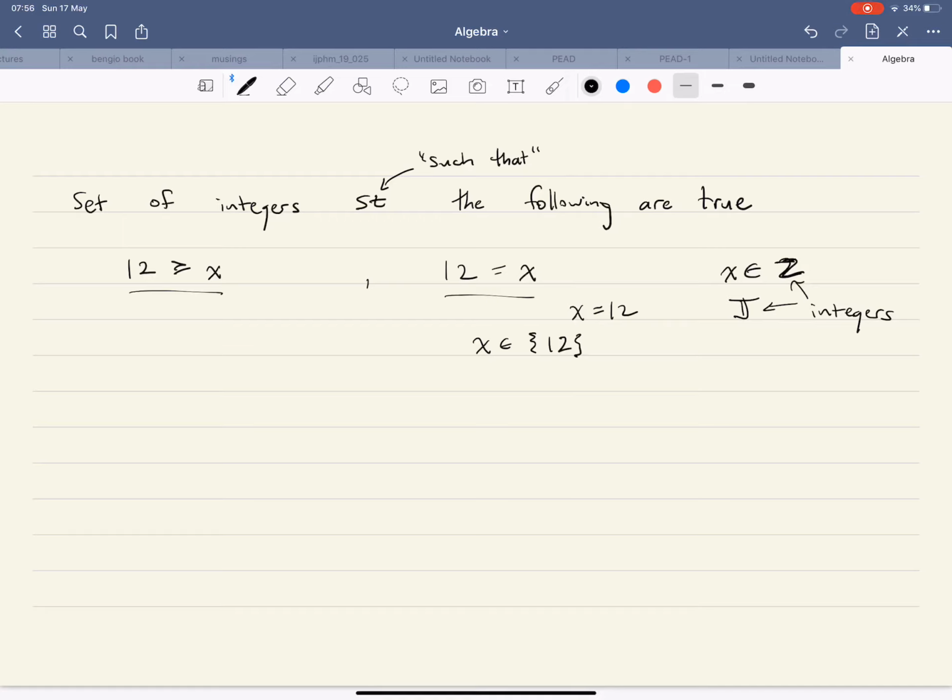On the left, the things that satisfy this are going to be 12, right? 12 is greater than or equal to 12.